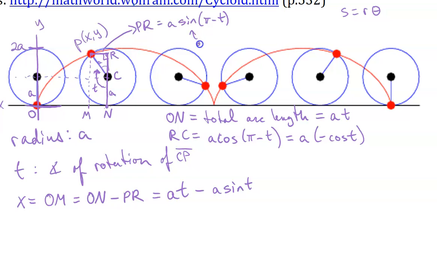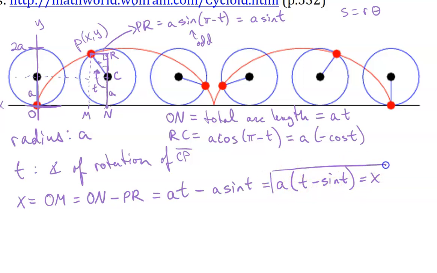Since sine is an odd function, this is the same thing as A sine t. So we've got AT minus A sine t, or if we factor out the A, A times t minus sine t.